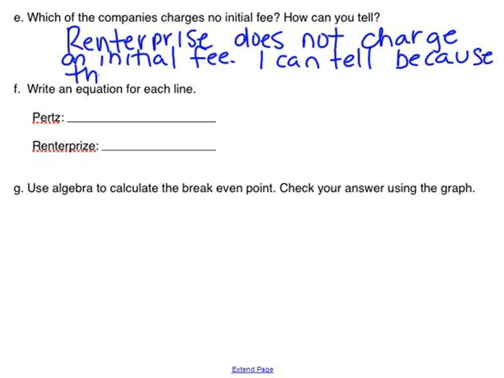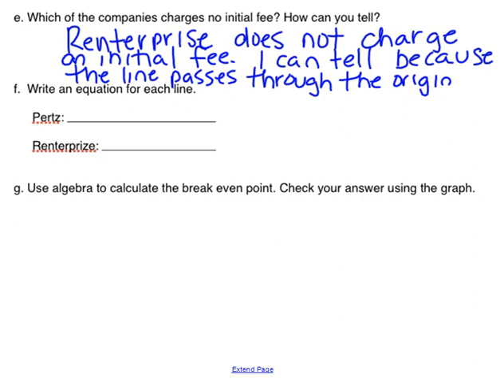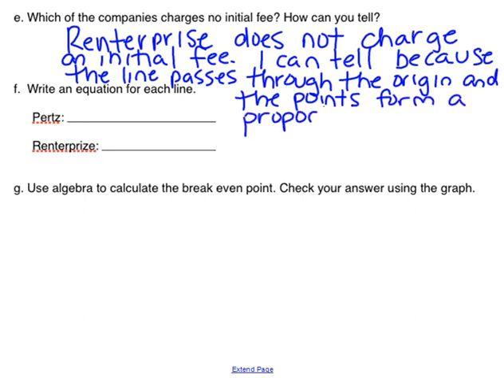Because the line passes through the origin, and it is a proportional relationship. Two reasons on that one.